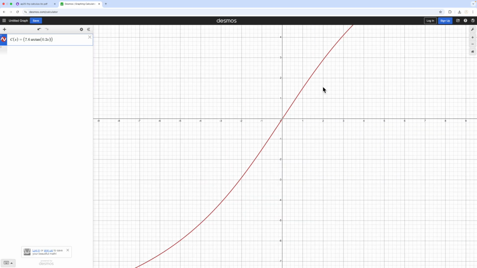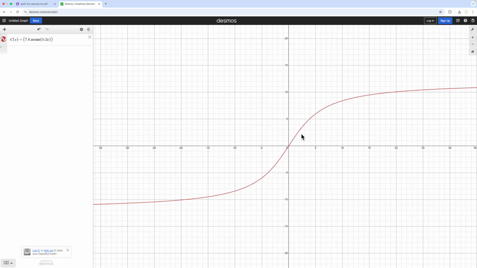Let's make sure that we're in radians, and we are. Let's zoom out a bit, and here we go. We have to find the average rate of change over the interval 0 to 4. So we're going to do C of 4 minus C of 0, all divided by 4. And that gives us 1.282 as the average rate of change.